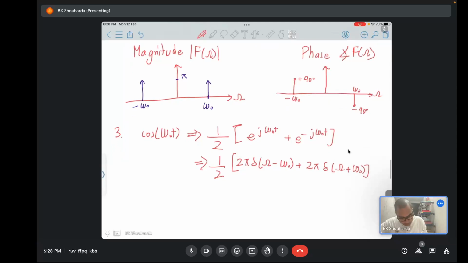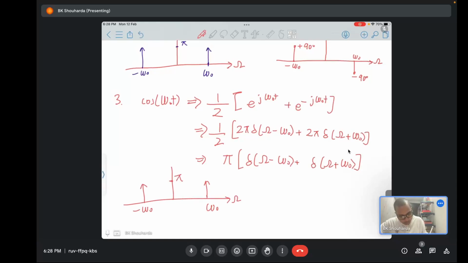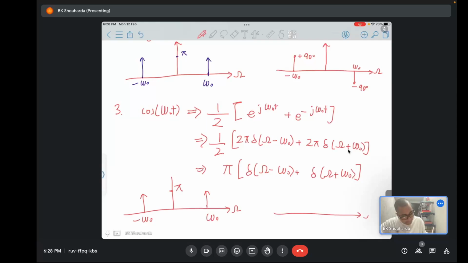Okay, and when you further simplify it, we get pi delta omega minus omega naught plus delta omega plus omega naught. In terms of magnitude it's still the same. At minus omega naught and at omega naught you have pi, and the phase is all 0. Okay, the phase is all zeros, 0 degrees. Clear?